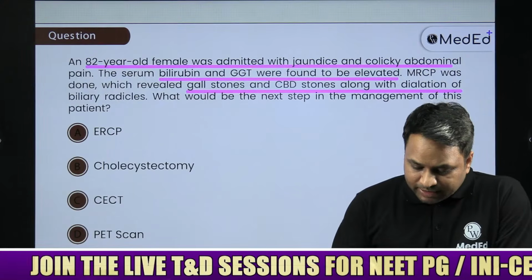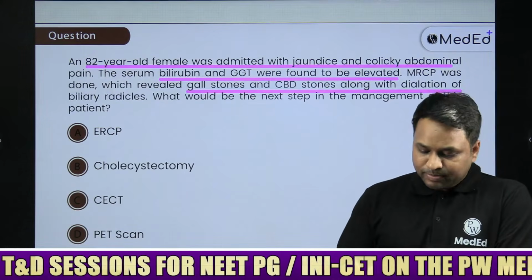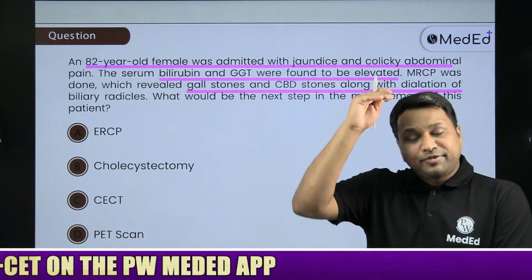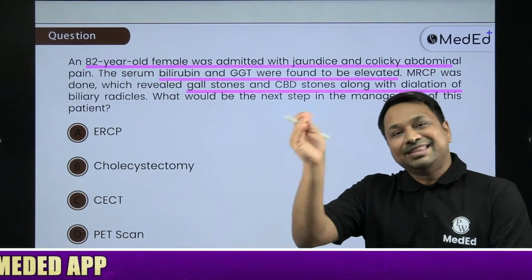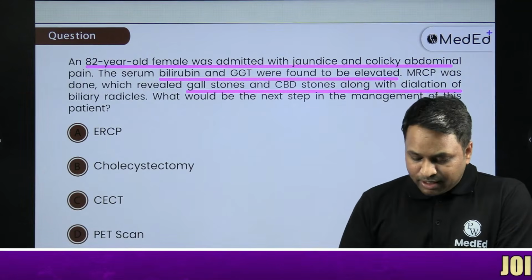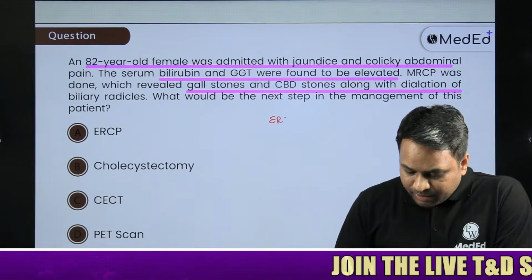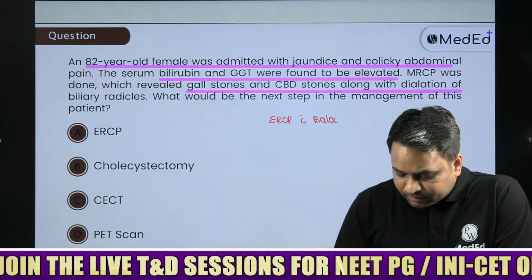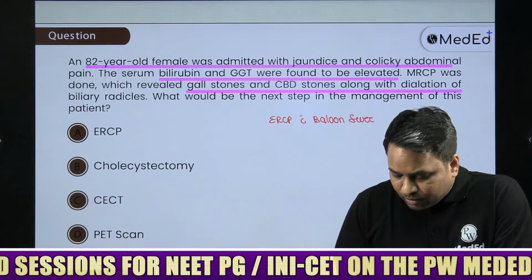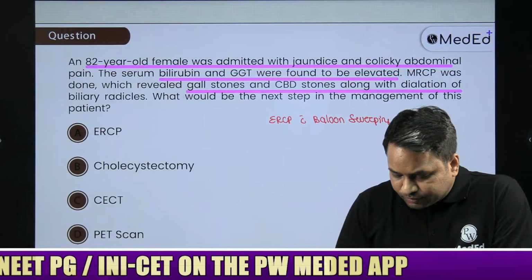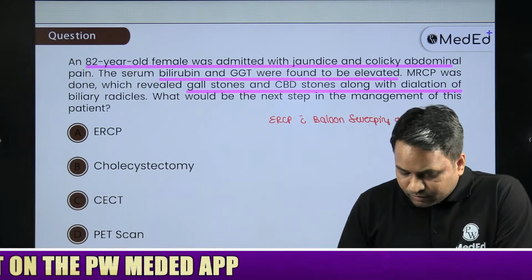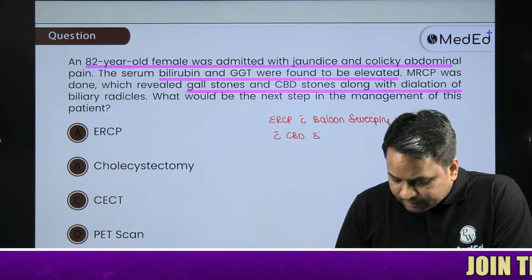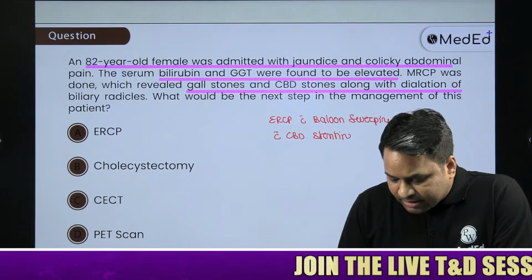So you've already done an MRCP and you got the diagnosis. It is because of gallstones and CBD stones are present. So first preference is always given to clear the CBD stones and then you do a cholecystectomy. So we do an ERCP with balloon sweeping of stone, with CBD stenting.